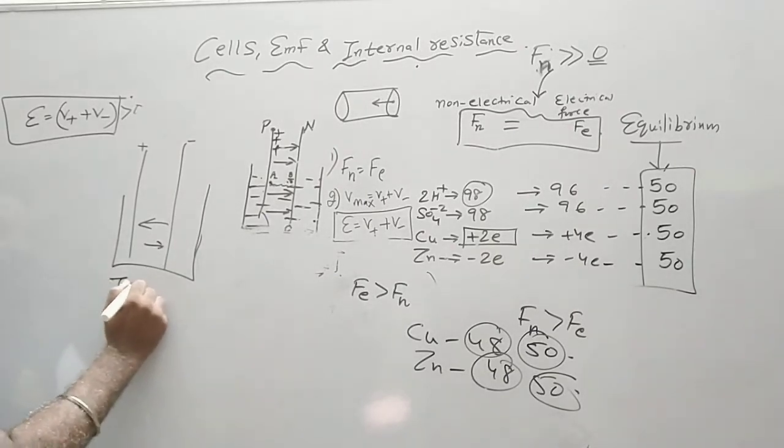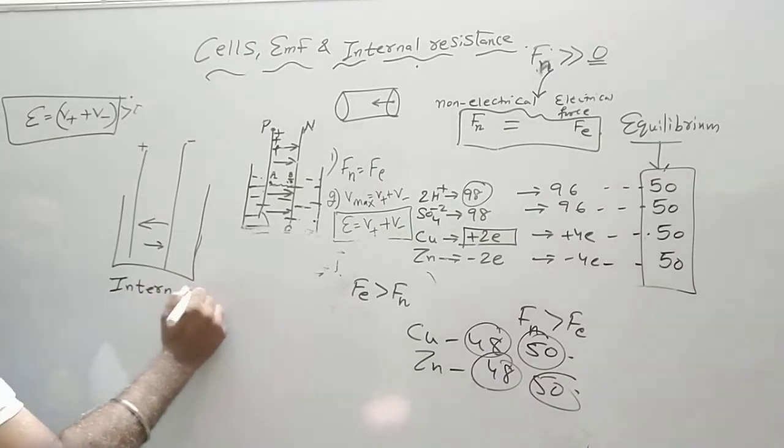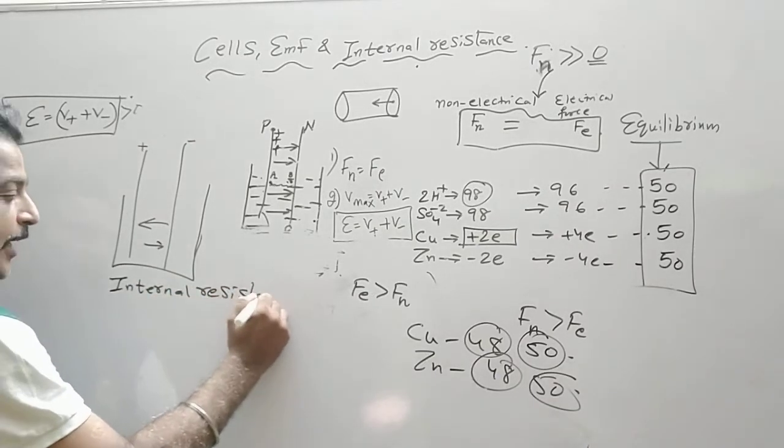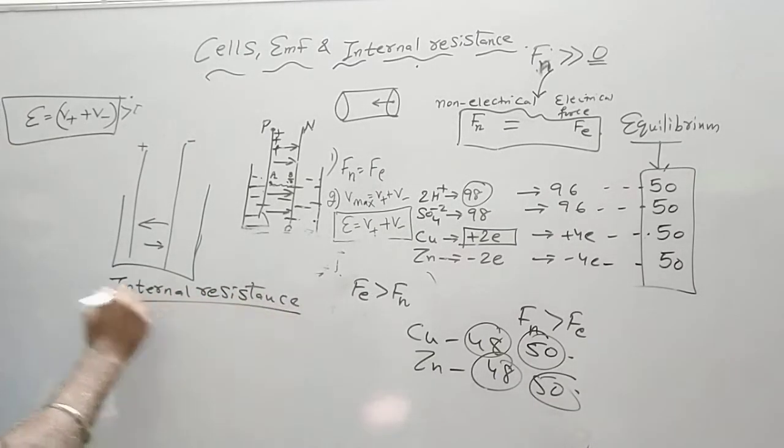So what is internal resistance? Internal resistance is the opposition offered to the motion of ions inside the cell.